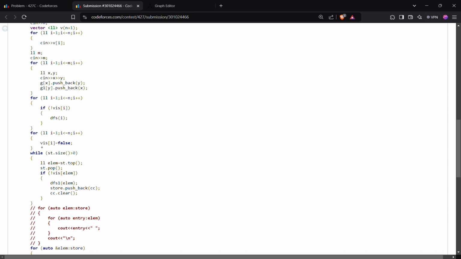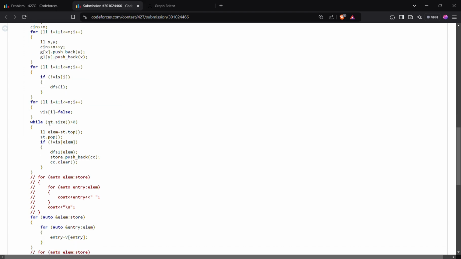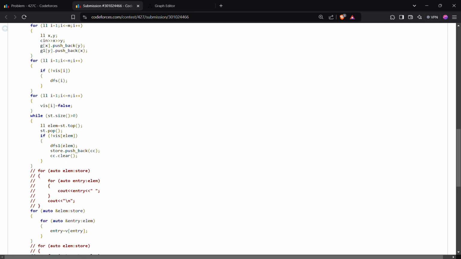And after filling the stack, we will again initialize the visited array with false, and while stack.size is greater than 0, we will take the topmost element, and if that is not visited, simply run the second type of DFS on that node element, push the connected component, and clear that connected component for further usage.